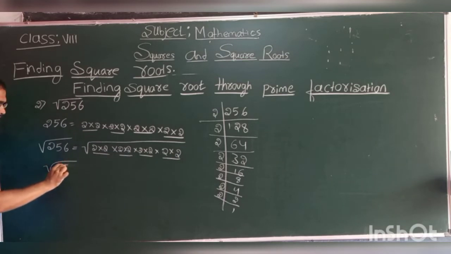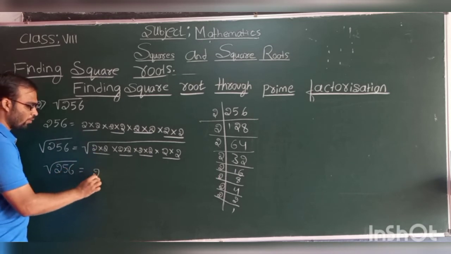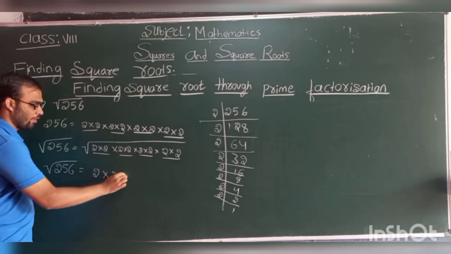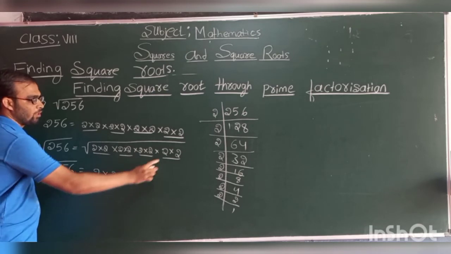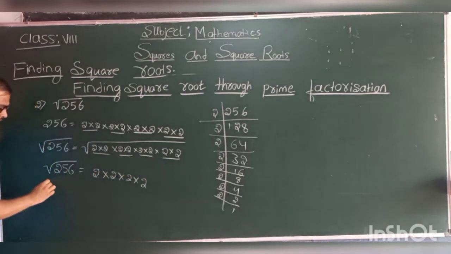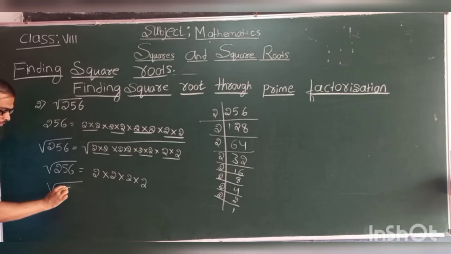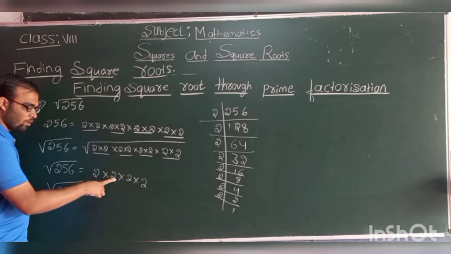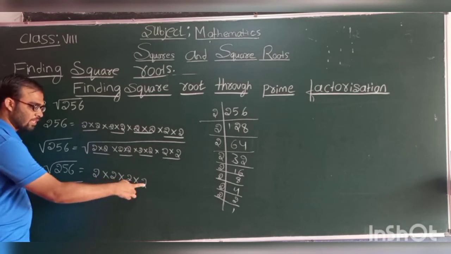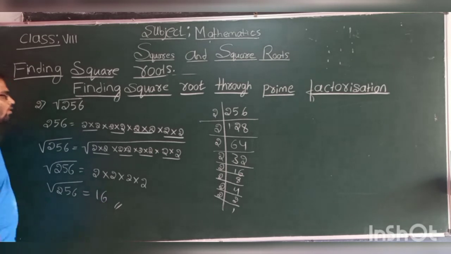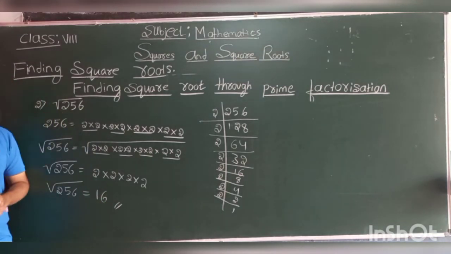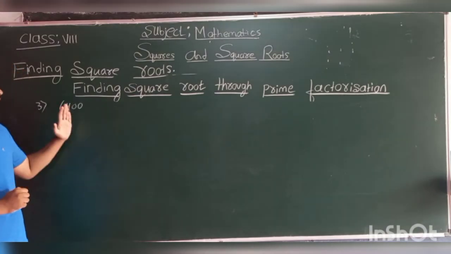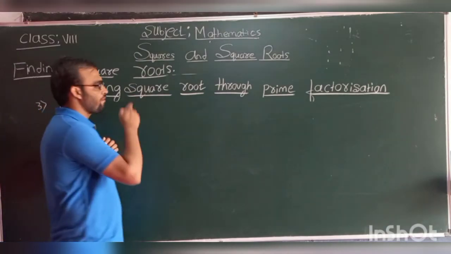Now, 256 equals to, so here 2 times 2, so write 1 time, into 2 times, write 1 time, 2 times, write 1 time, 2 times, write 1 time. 256 is equal to, now 2 2s are 4, 4 2s are 8, 8 2s are 16. Okay. So what is the square root of 256? The square root of 256 is what? 16. Students, now we'll find the square root of 6400 using prime factorization method.